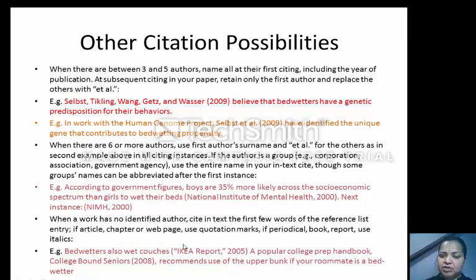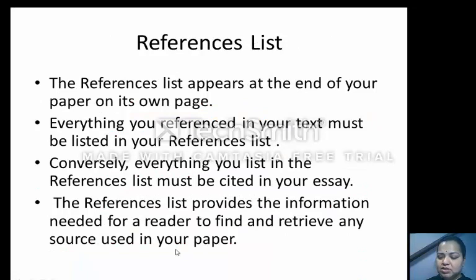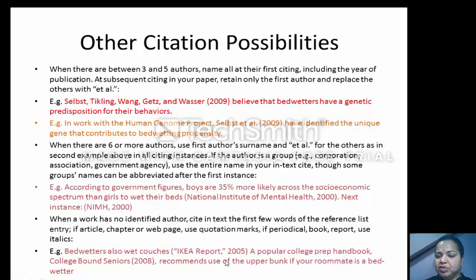Same way, if there are no authors mentioned and it is a particular report that you're talking about, please remember there are certain rules that different citation styles will suggest. Please follow them. For example, if this is an IK report 2005, it is a report, so we put it under double quotes, etc. This is very, very important to remember.